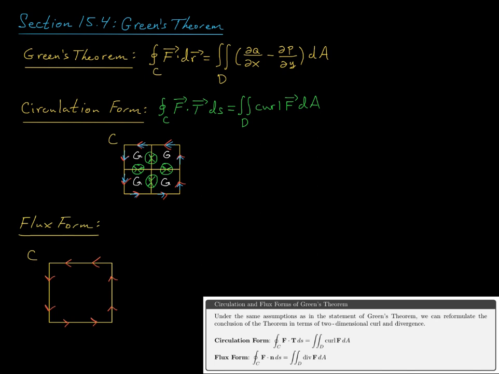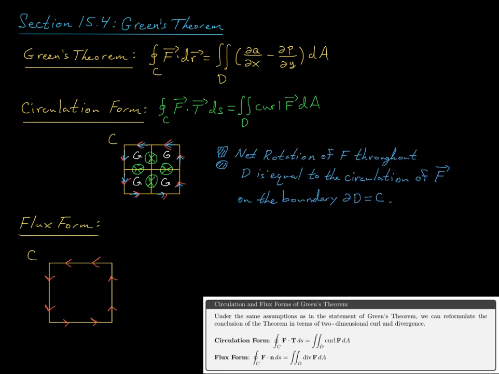All this stuff inside is going to wind up canceling out. Okay, so we can say that as follows. The net rotation of F throughout your region D, which is really what this integral on the right is measuring, is equal to the circulation of your field just on the boundary. And that's exactly what this integral on the left measures.